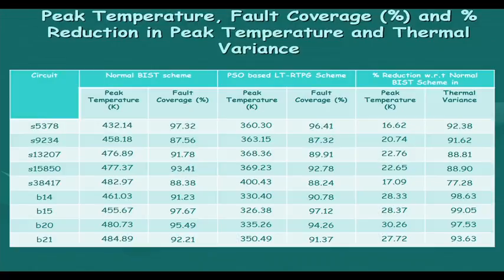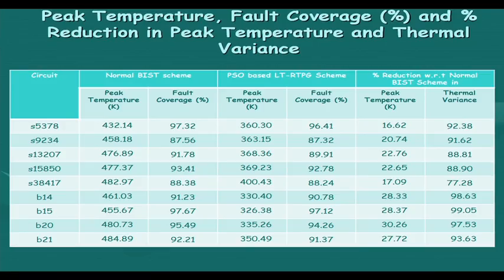This can be taken care of by running the PSO for more generations, or by making the LFSR run for more cycles. Actually, these results are obtained by running the LFSR for 1000 cycles.